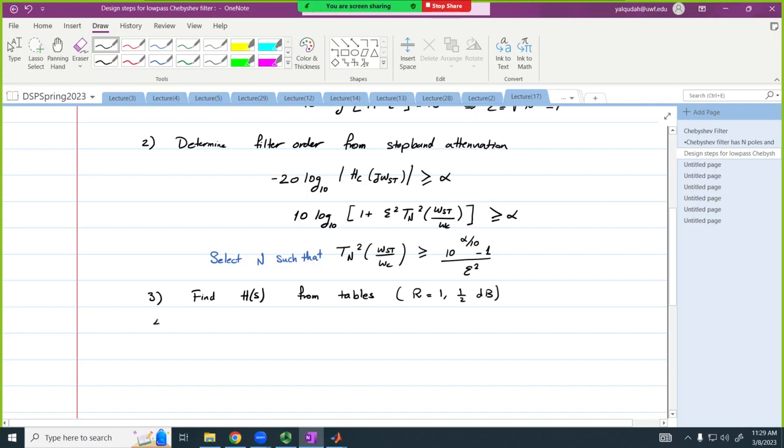And finally, we're going to unnormalize. We're going to replace s with s over omega_c. Okay. Let's do an example and do these calculations.